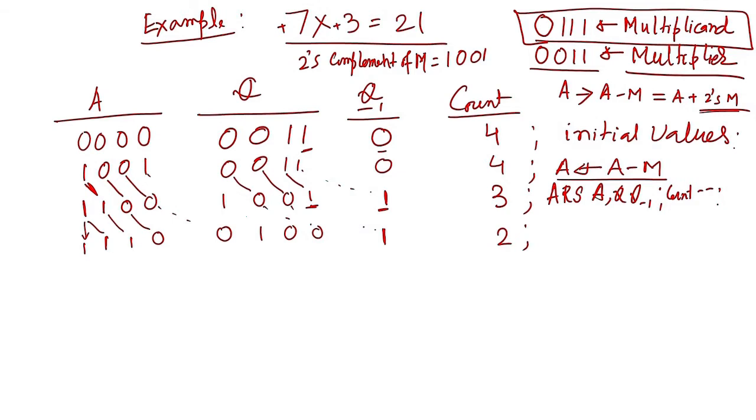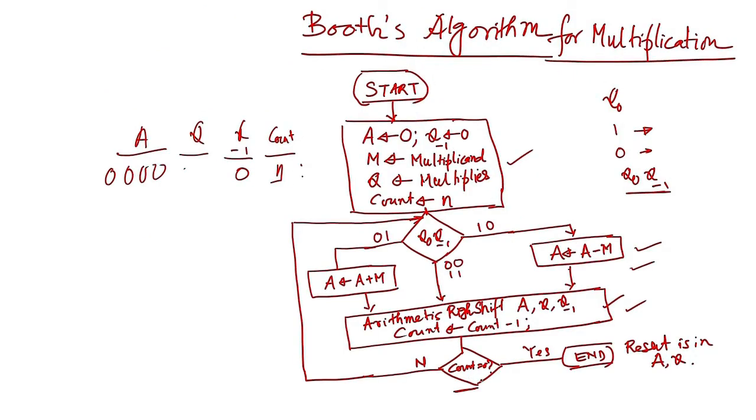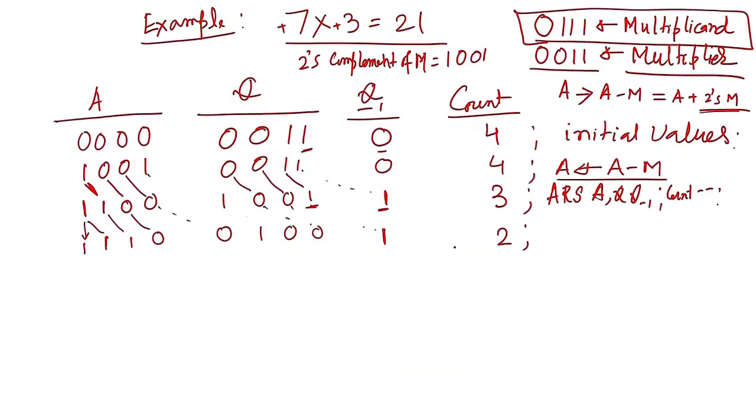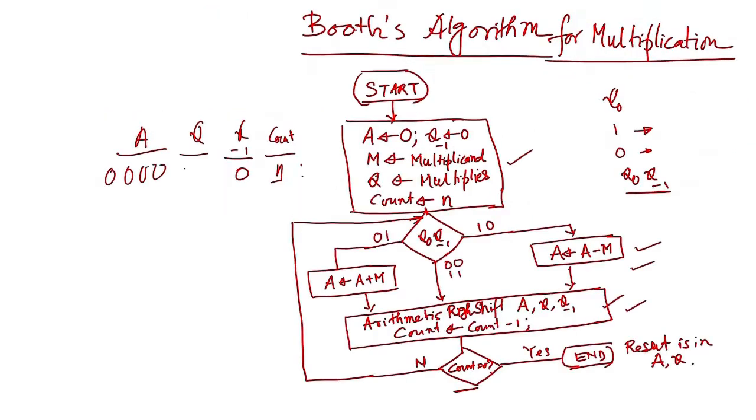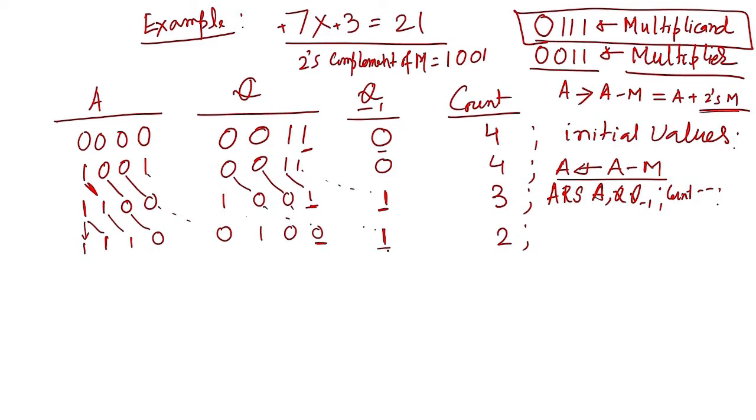So, then again move up, you check that the counter is not 0, again you check Q 0 and Q minus 1. So, this is 0 and 1. If it is 0 1, what do we have to do? Again we have to subtract. Okay, sorry, this is 1 0, right.